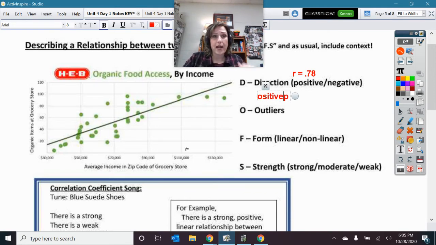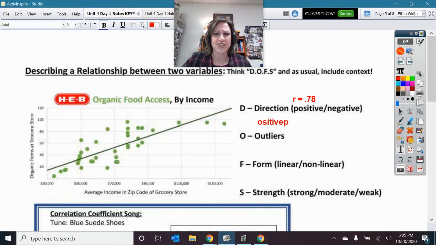We're going to describe the relationship with DOFS. Instead of socks, it's DOFS. This is the first time I've attempted to use this mnemonic device, because it's direction, outliers if there are any, form, whether it is linear or nonlinear, and strength.